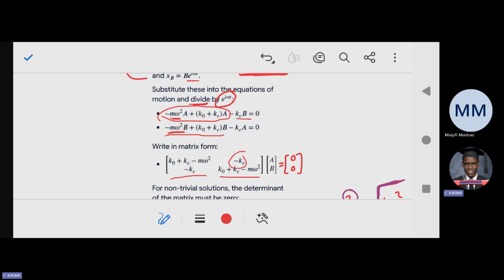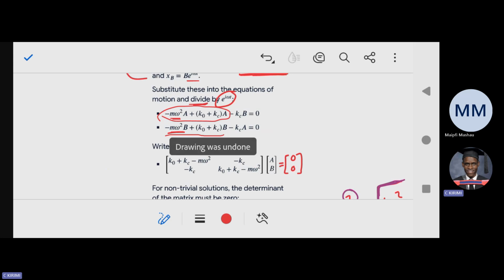Then you rearrange minus KC A. That's why the minus KC is starting, because it's being multiplied by what? By A. Then from there, we solve.